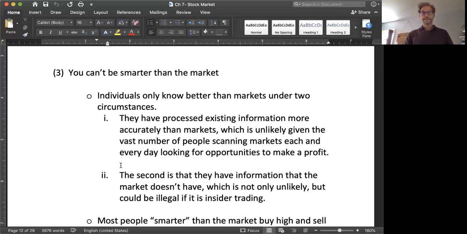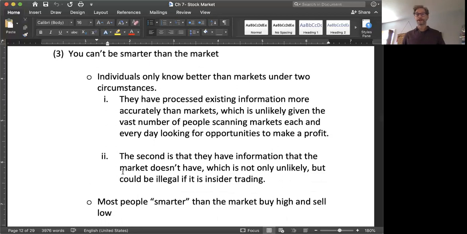Or the second is that you have information that the market doesn't have, which is not only unlikely, but if you do have better information, it could be illegal, because this is what insider trading is, right? Basically, insider trading is trading on inside information that is not publicly available. So if you have information that is not publicly available and you trade on it, that is potentially a felony.